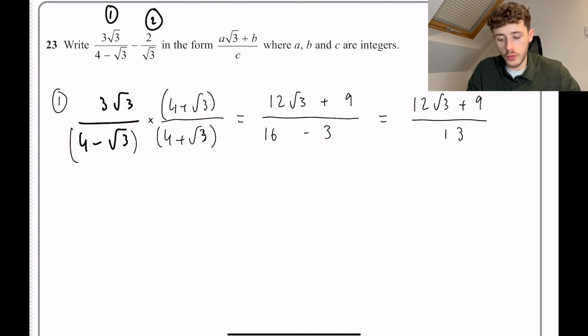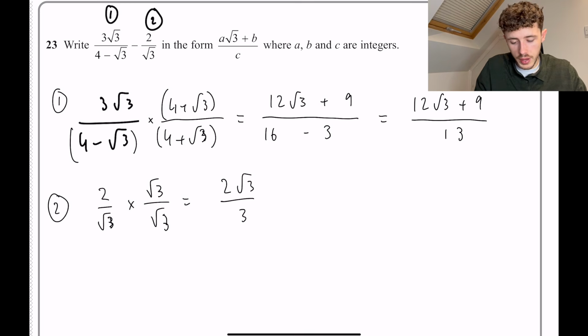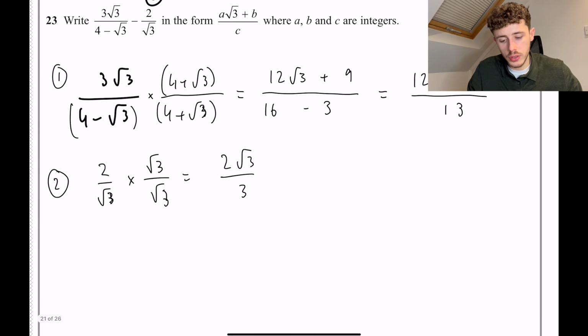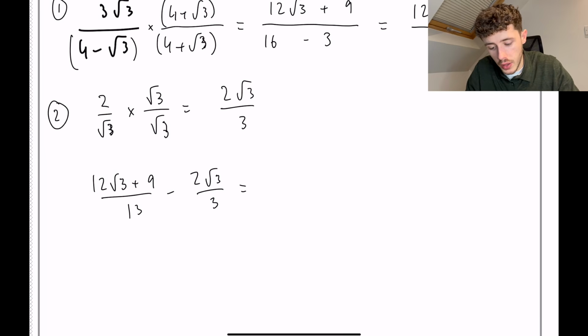Now if we look at fraction number 2, we have 2 over root 3. Now when we rationalise with just a root on the bottom, it is a little bit easier, and we just multiply by the root itself. So that's going to become 2 root 3 over 3, just like that. So now we have two fractions that we can create a common denominator with, which makes our life a bit easier. And the common denominator there can become 39.